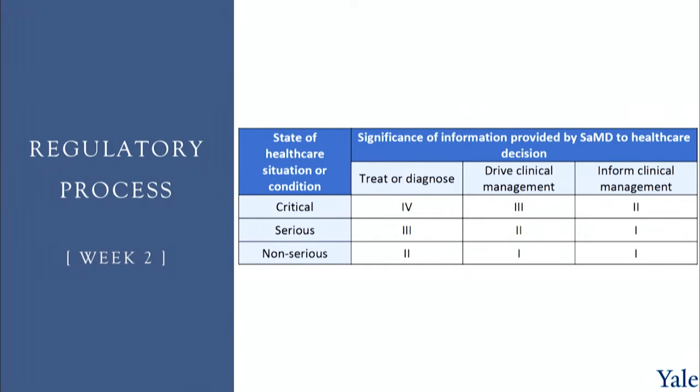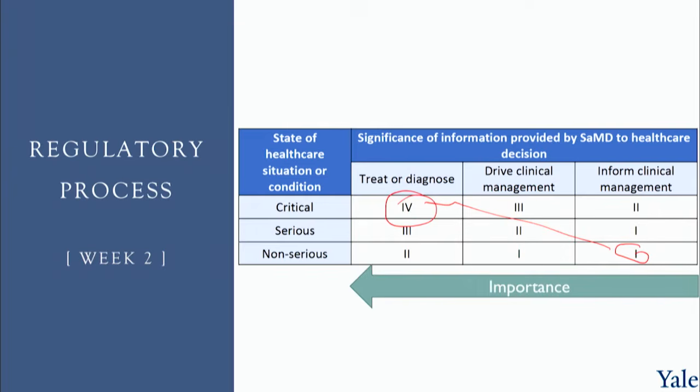And in the regulatory process, this is a figure from the IMDRF, the International Medical Device Regulators Forum, we have a classification of software from class 1 to class 4, depending on the risk involved. So if we classify the software according to two variables, it's the importance of the information that the software provides to the doctor. So is it actually immediately affecting diagnosis up here, or is it simply informing clinical management down the road?